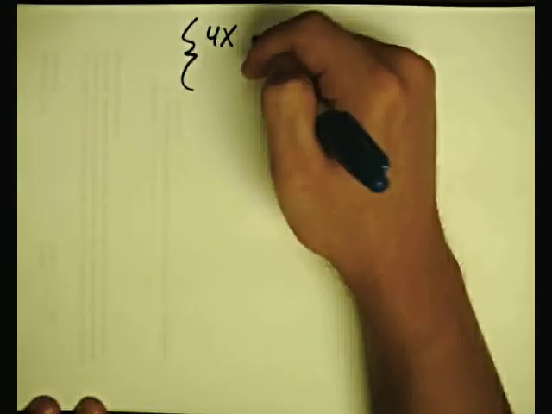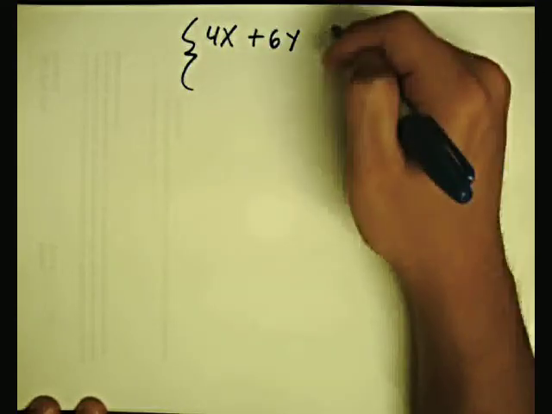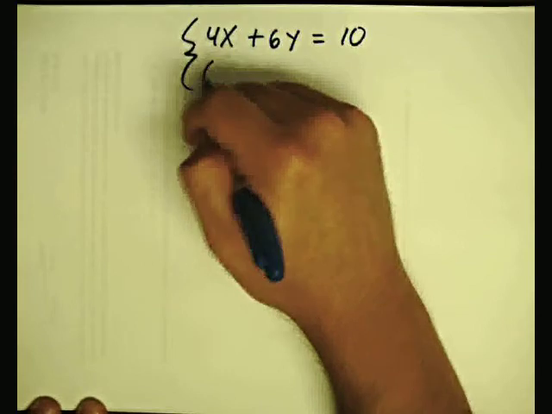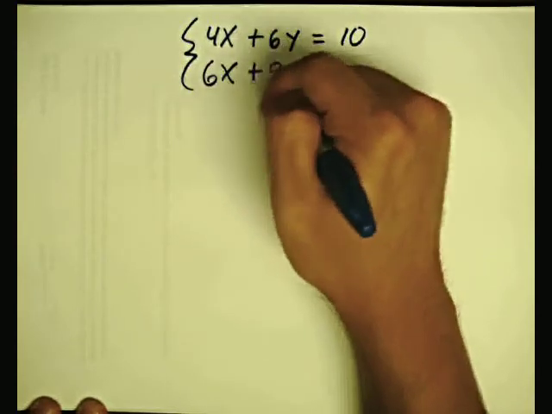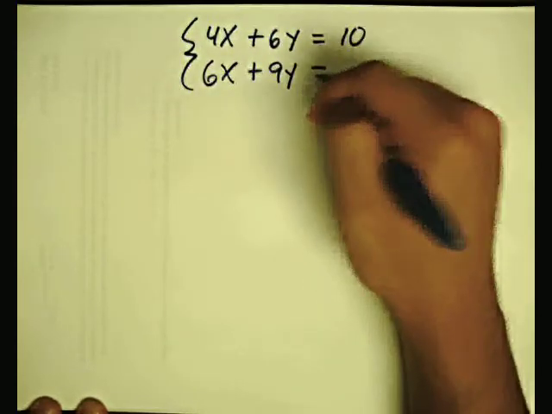Example 5, we have the system 4x plus 6y equals 10, and 6x plus 9y equals 12.